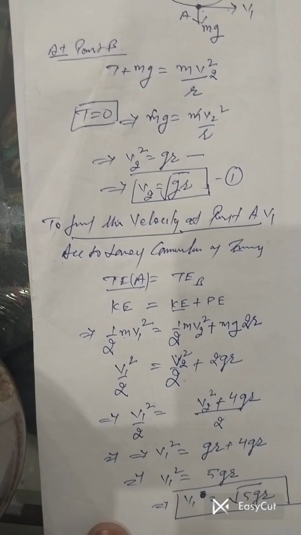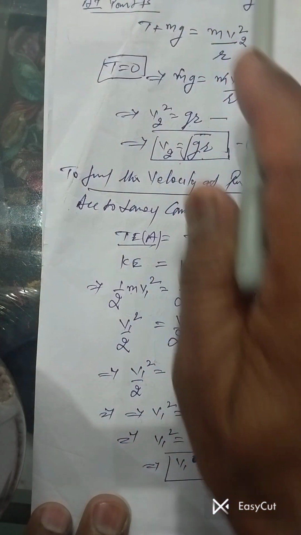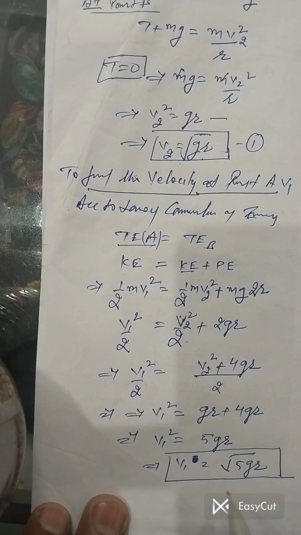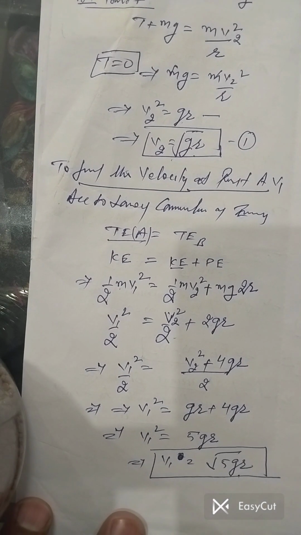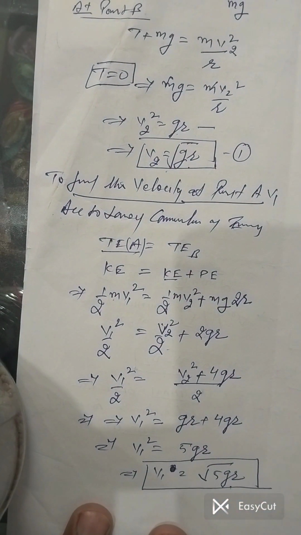So in this way, a velocity of at least under root gr should be there at point B, and a velocity of under root 5gr should be there at point A, so that the water or the object in circular motion does not fall in the downward direction at point B, the topmost point.